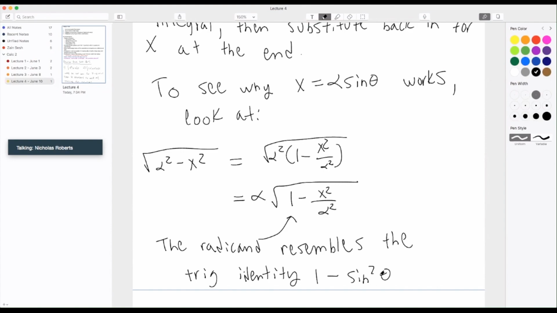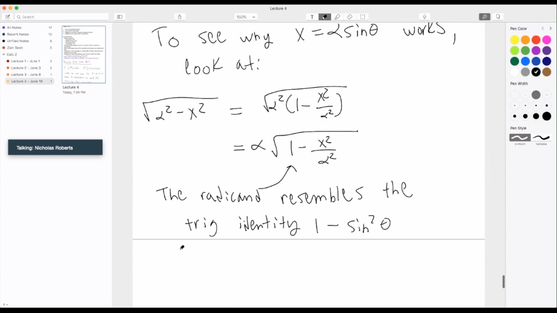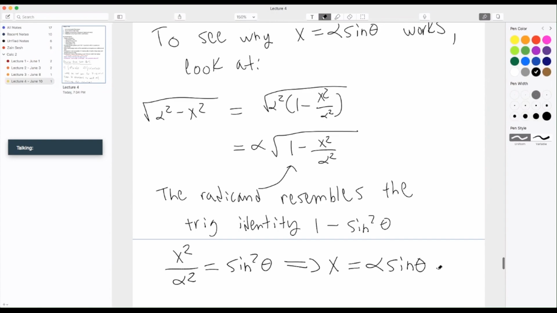We have 1 minus something squared, and it looks like 1 minus sine squared theta. So if we let x squared over alpha squared be sine squared theta, this implies that x will be alpha sine theta, which was our stated substitution. That's a little bit of intuition as to why this makes sense.